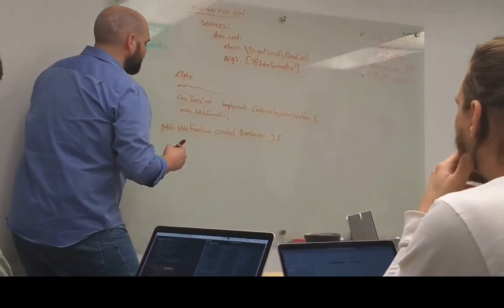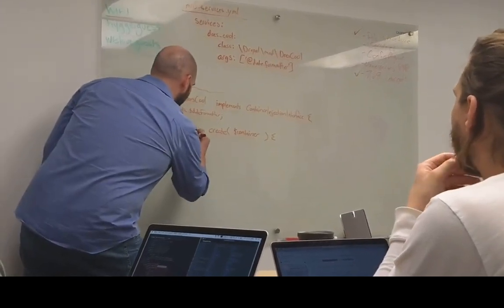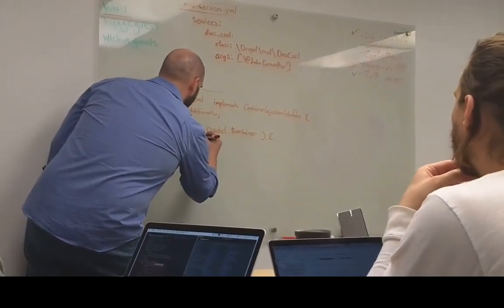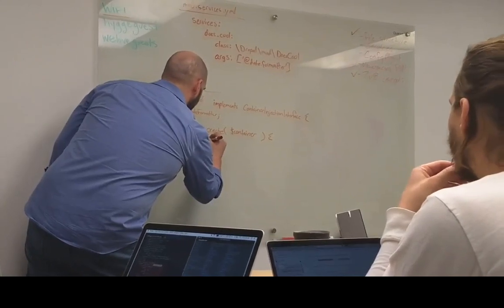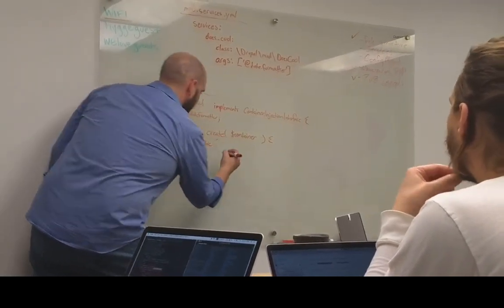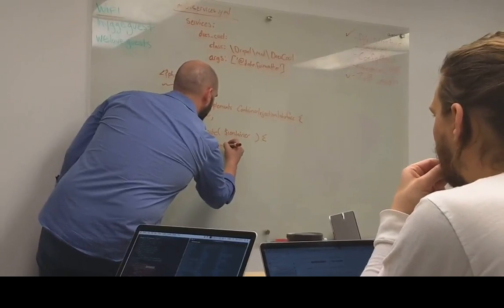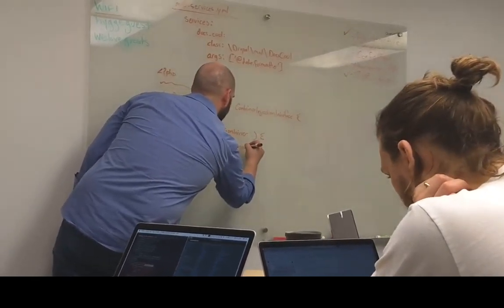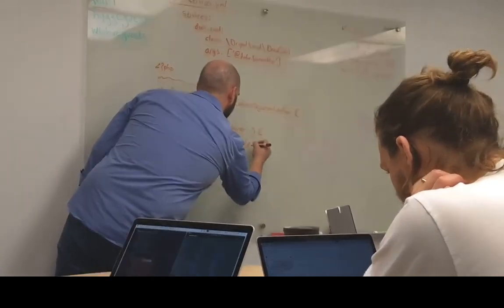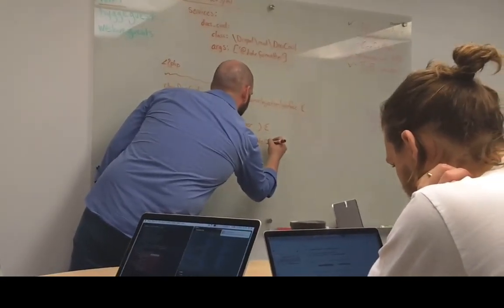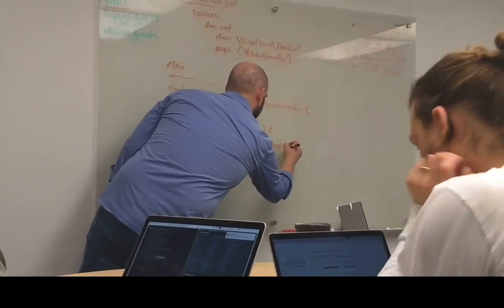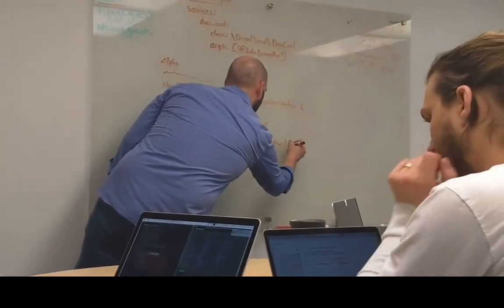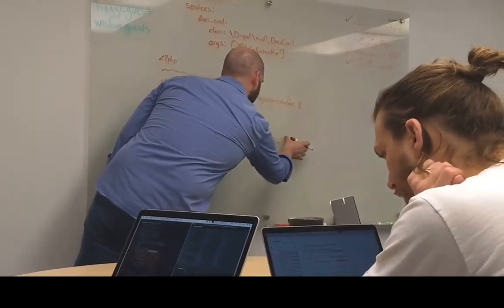I feel like I'm going into the weeds here, so apologies. So return static container get date.formatter. That's two closing.